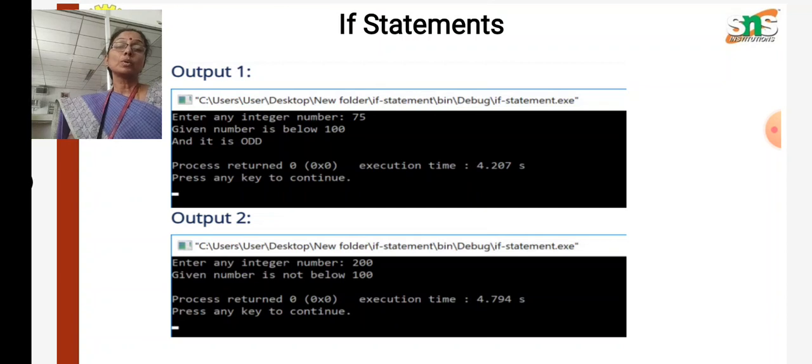So that is the output. Suppose we enter the number 200. The outer if fails, that is not true, so the else part of the outer if is executed. This is the way the nested if is executed.